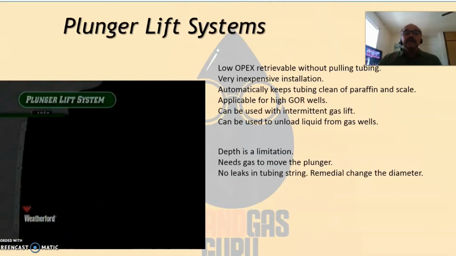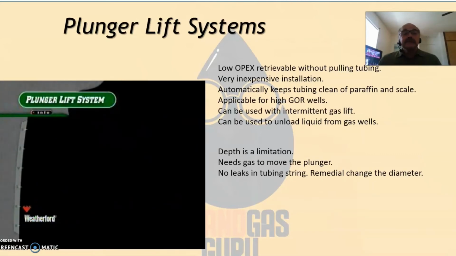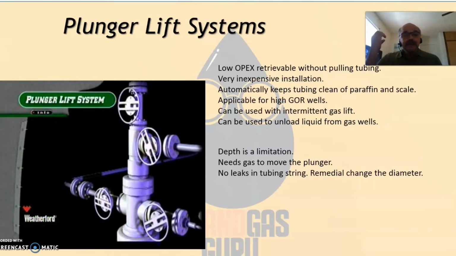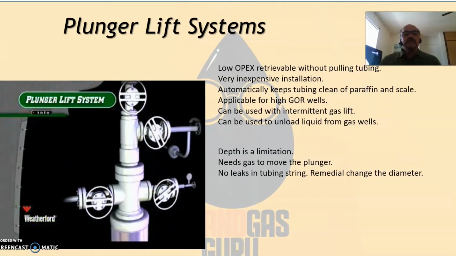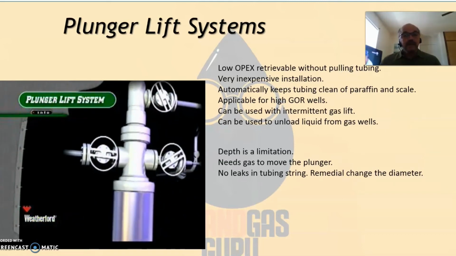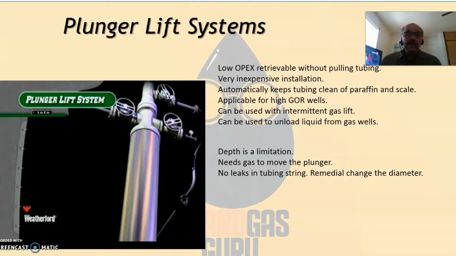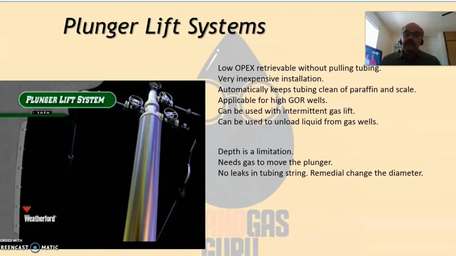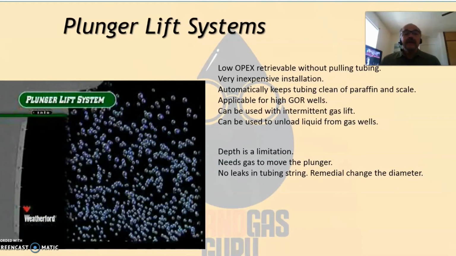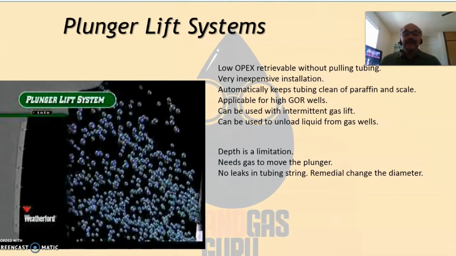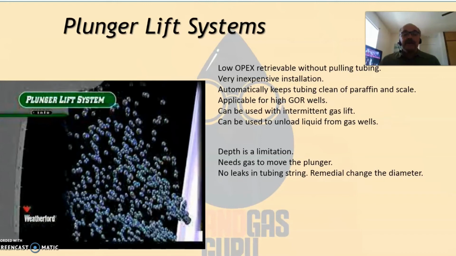The plunger is a system that has a plunger that goes down in the tubing, and it's good for gas wells when they start producing water, or when they go across the dew point at the bottom of the well and start producing condensate. We need to get those liquids out of the well so that the gas can be produced.